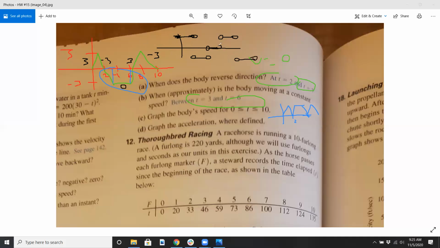So we'll say this happens at 1, let's say, and then 3, and then 6, then 8, and then 10. Actually, that's probably -3/2. So I'll probably make that a little higher for that last segment.